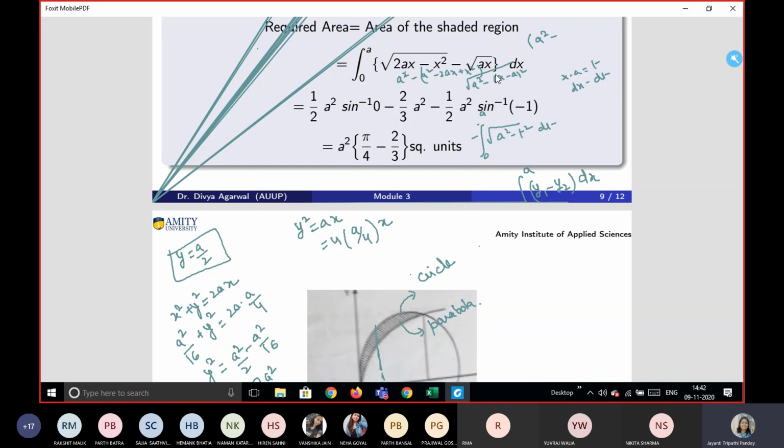And this side, no problem. It's direct root of x, so no problem at all. You know how to integrate x to the power half? Yes or no? You have not revised integration, that means. Now please check the formula and solve this.